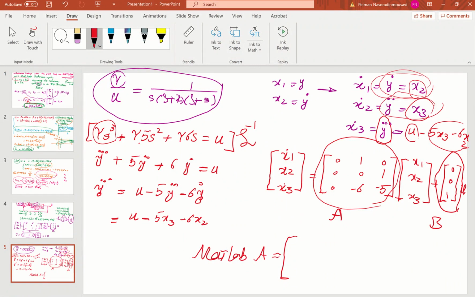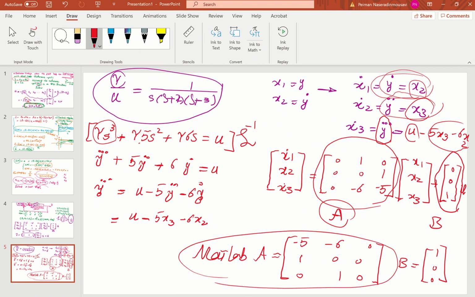Matlab gives me minus 5, minus 6, 0, 1, 0, 0, 0, 1, 0, and this is your B. B is 1, 0, 0. So do you see any relation between your hand-derived A and the Matlab A? Do you see?